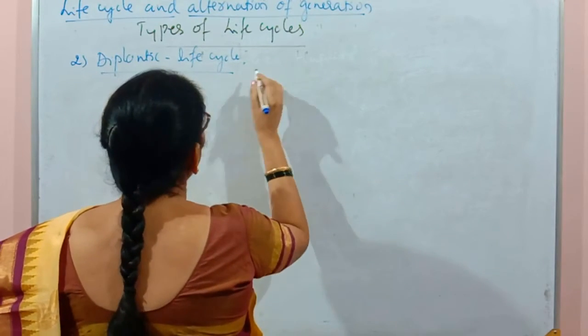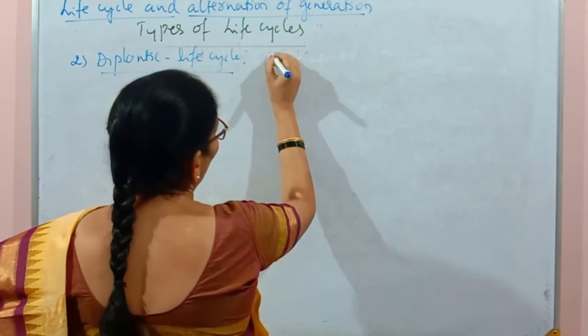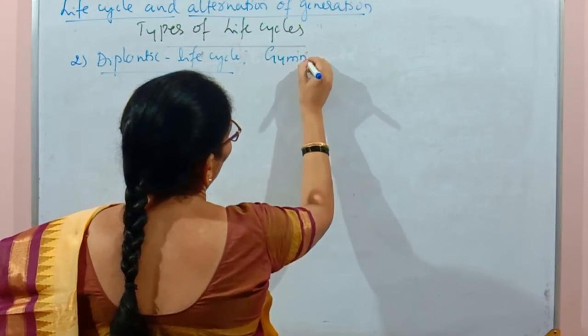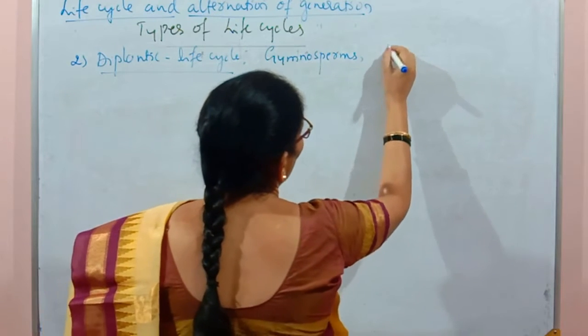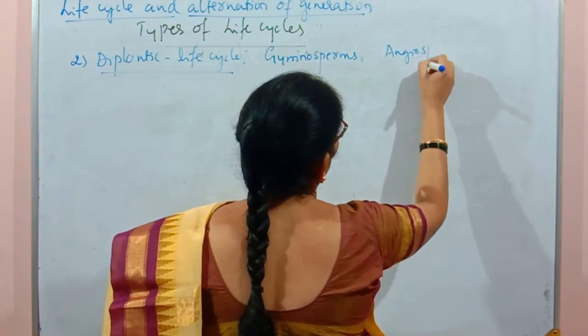We may see the diplontic life cycle in the higher plants like gymnosperms and in angiosperms.